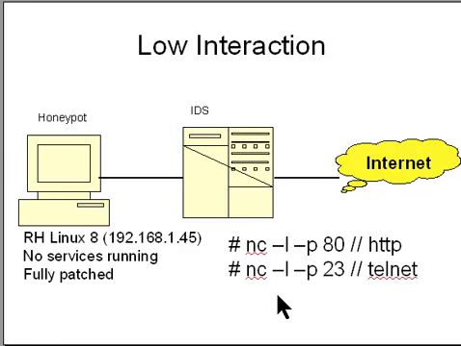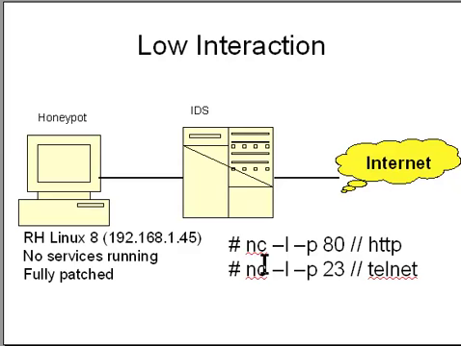If you're running Linux or Windows, here I have a Red Hat Linux 8 system with this private IP address. There are no real services running, and it's fully patched, which means that this is really securely tied down. This is running through an Internet intrusion detection system, and then those packets are being forwarded out to the internet.